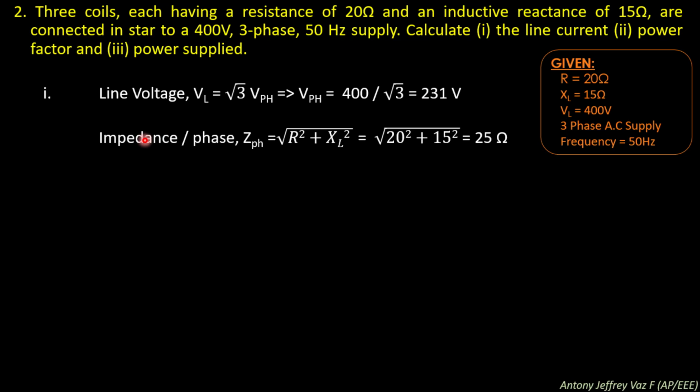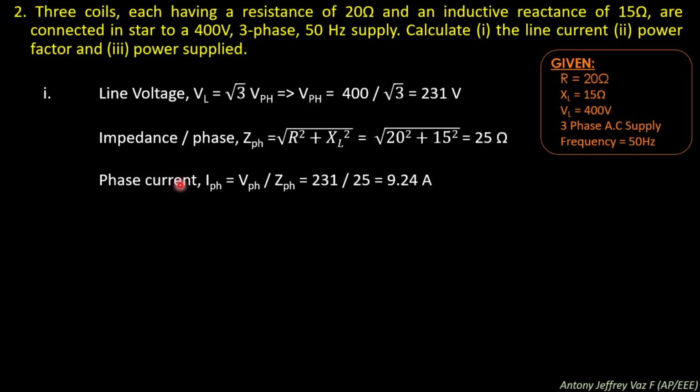Next, you need to find the impedance per phase. Z phase is equal to square root of R square plus XL square. Here, R square is 20 square plus XL square is 15 square. While simplifying, you get 25 ohm. So Z phase is equal to 25 ohms.